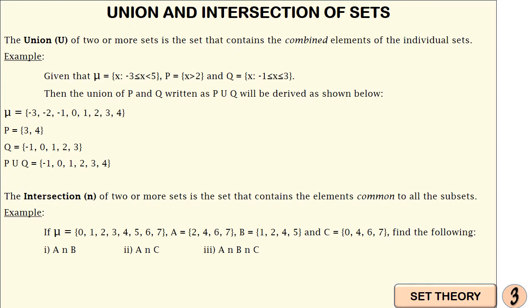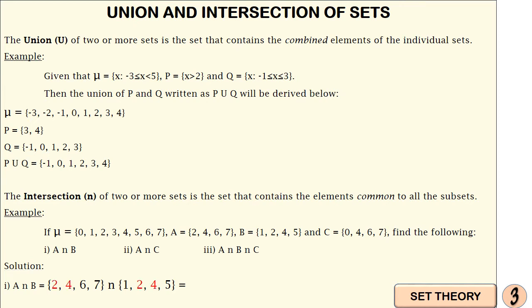We can go ahead and find the following sets. We can find A intersection B, A intersection C, and also A intersection B intersection C. For A intersection B, we look out for the elements in A and the elements in B. Then we compare the two sets to see if they have elements in common.